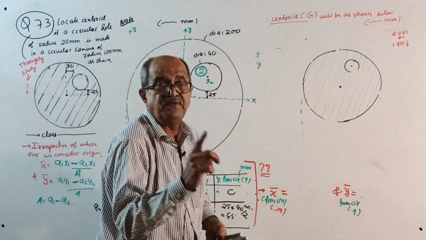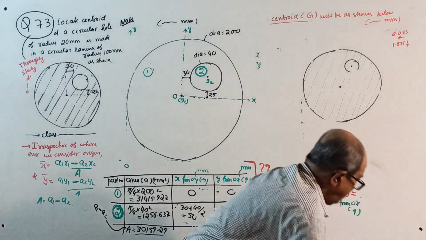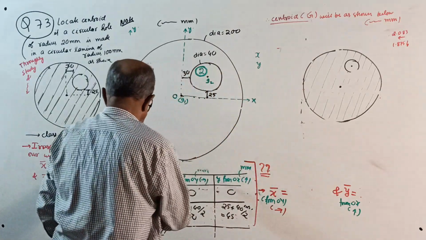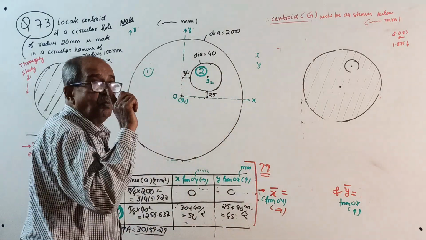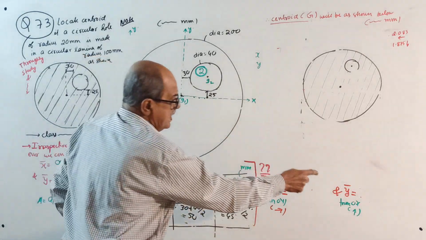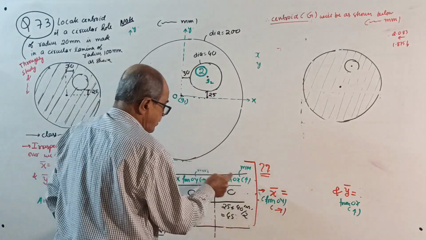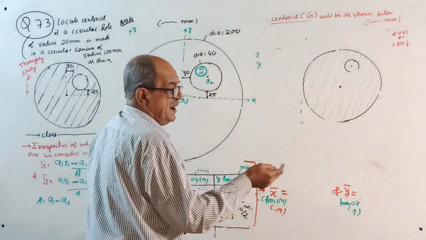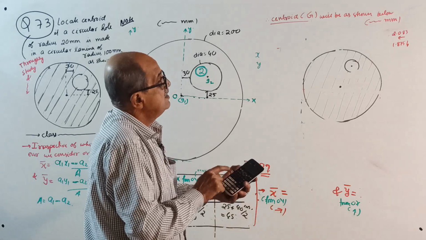See, once again I will tell you, x bar equals (A1 x1 minus A2 x2) divided by area. Y bar equals (A1 y1 minus A2 y2) divided by area.